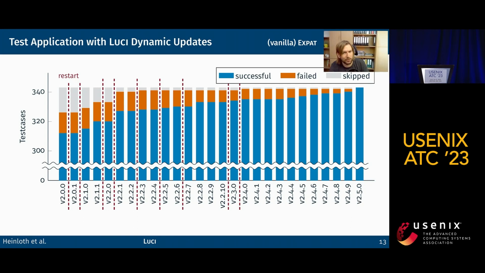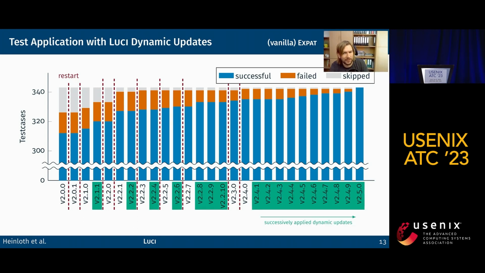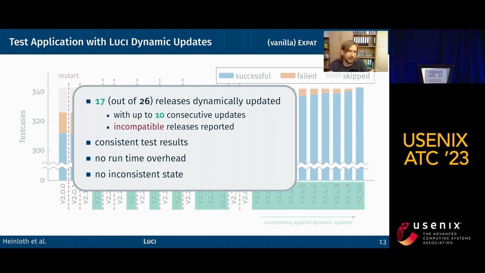However, as Luci has predicted, for all other releases, dynamic updates can be applied, and even the 10 most recent releases in a row. The output of the dynamically updated test application is identical to manually starting it with each release using the default system dynamic linker. And in no case was there an inconsistent state or abort of the application.